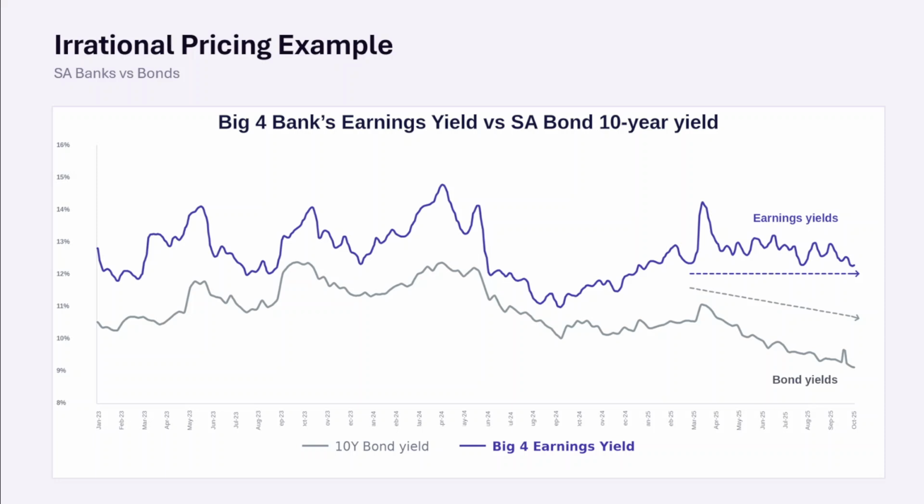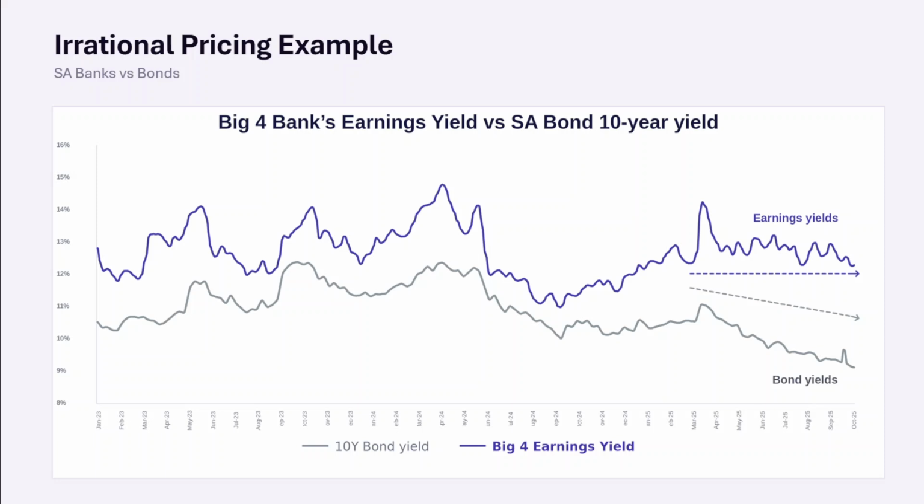I've got two different methods of valuation here. One is earnings yields of the banks versus the bond yields, and you'll see that a big gap opened up going from mid last year towards the end of last year, where bonds really strengthened significantly, but the banks didn't.